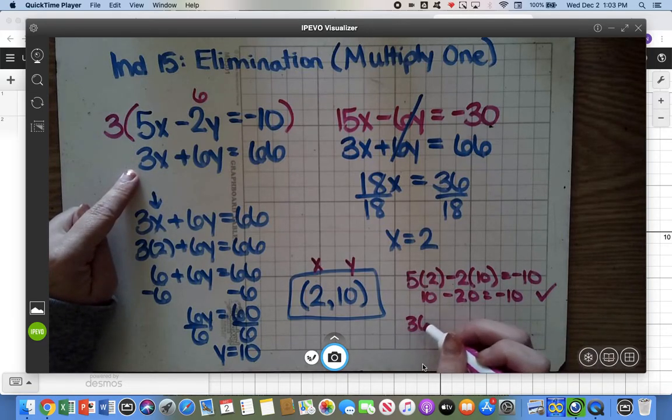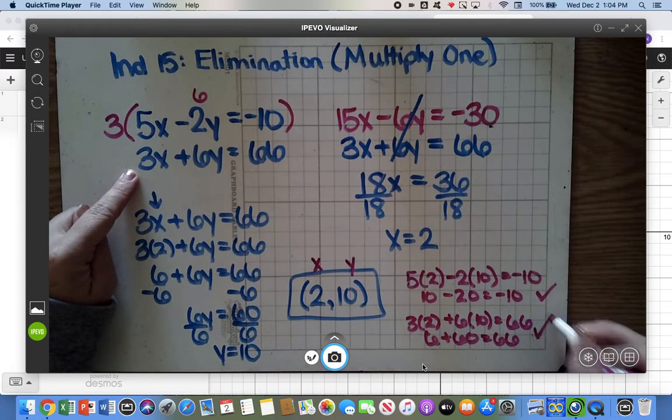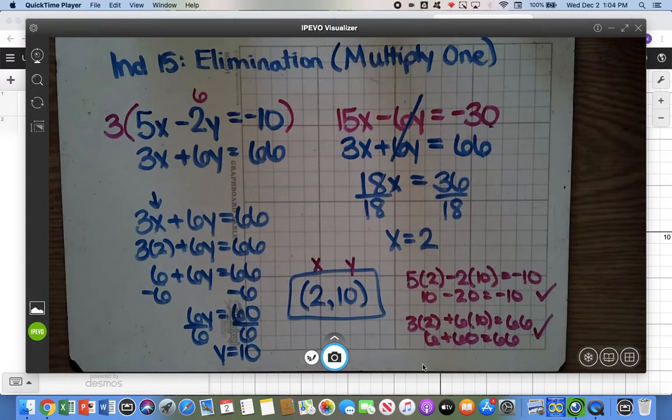Is 3 times x, which is 2, plus 6 times y, which is 10, is that equal to 66? 6 plus 60. Is that 66? You betcha. So you can check algebraically. You can check using Desmos. You can really risk it and not check your work, but that's totally on you. Not recommended.